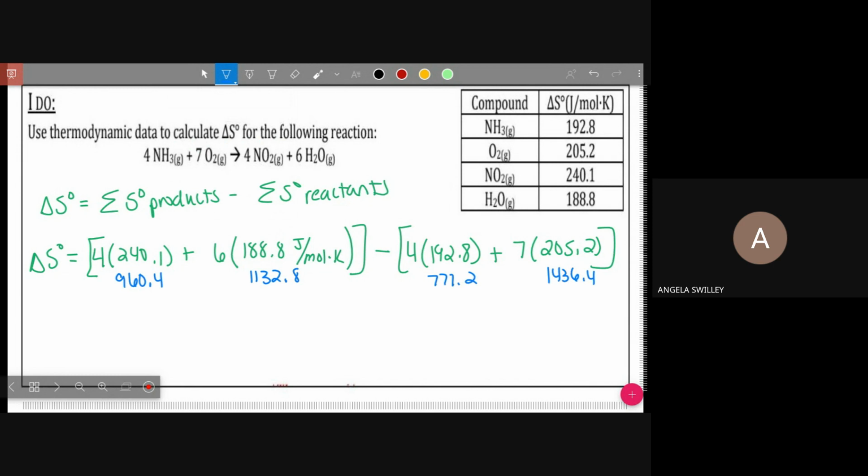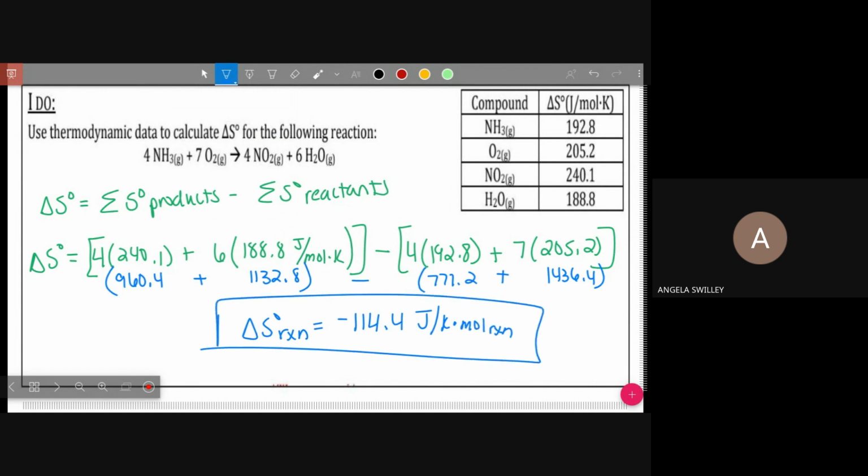That's how I solved it, but this can help you eliminate some errors. When you add these together and then subtract them from these after they were added together, you get a delta S for the reaction that equals negative 114.4 joules per Kelvin times moles of the reaction. I hope you have a great evening, and I'll see you in class.